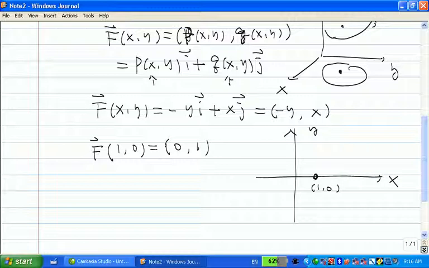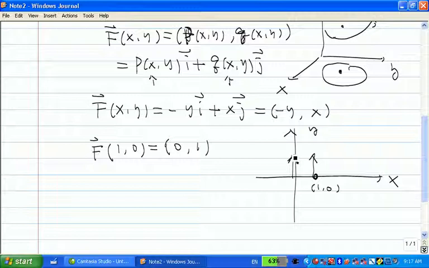What does this vector look like? The endpoint is (0, 1), so that's what that vector is. Now remember, a vector doesn't matter what its starting point is. So that's what we have.